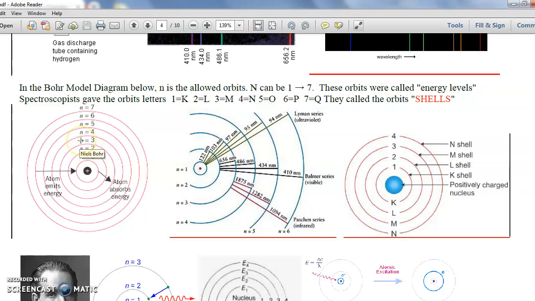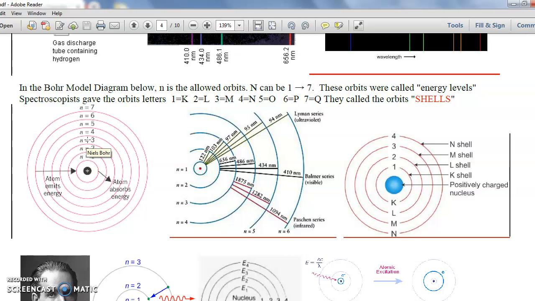The electrons on the third level have more energy than the electrons on the second level. But not all the electrons on the third level have the same amount of energy, because we know the third level is made up of 3 sublevels. An S, which contains 1 orbital, a P sublevel, which has 3 orbitals, and a D sublevel, which is made up of 5 orbitals.